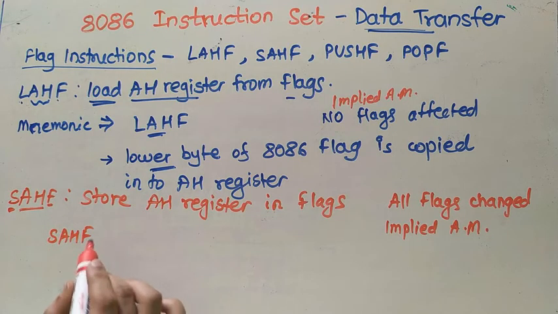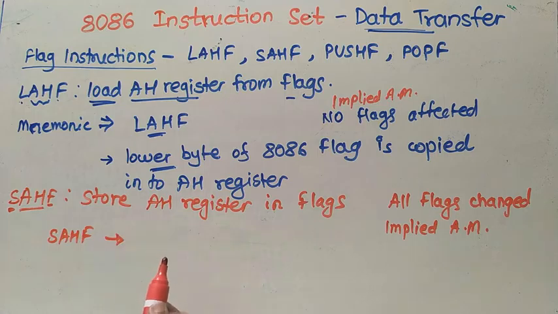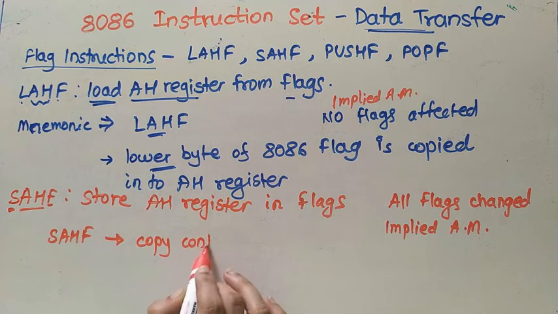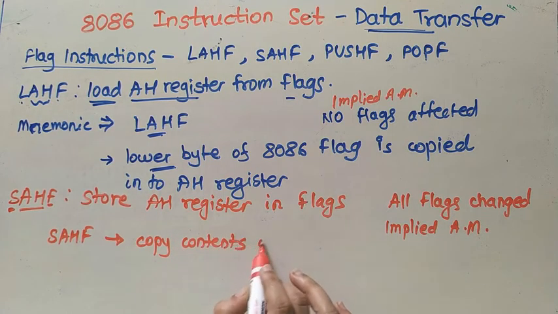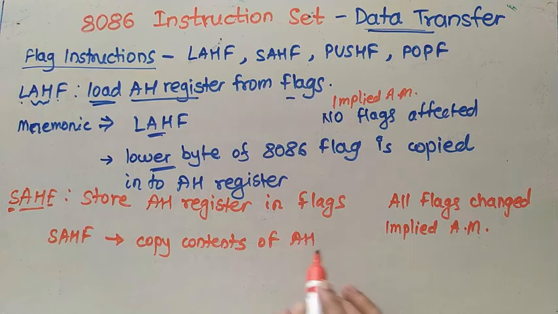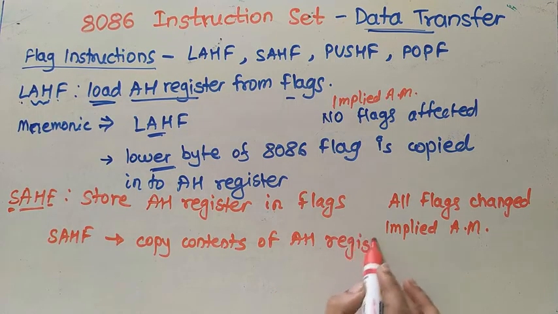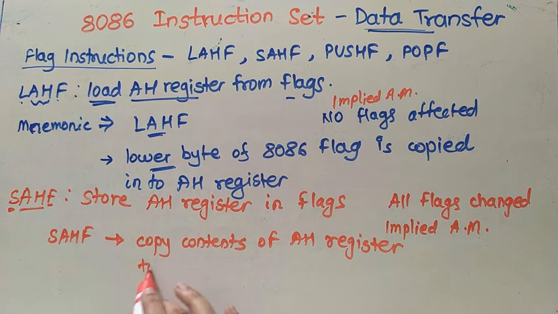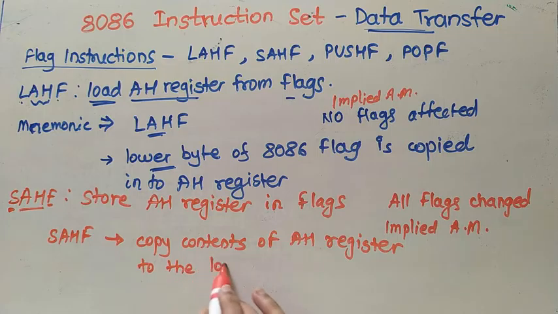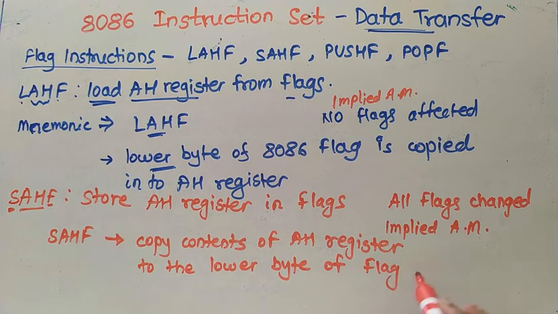After execution of this instruction it will copy the contents of the AH register to the lower byte of the flag register.